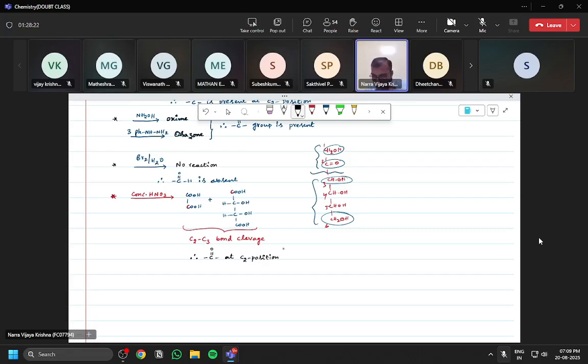Now, cleavage may happen here also, because this is a carbonyl system. Either this bond or this bond should break when I allow it to react with strong oxidizing agents. If this breaks, this converts into formic acid, and this is the remaining carbon chain.